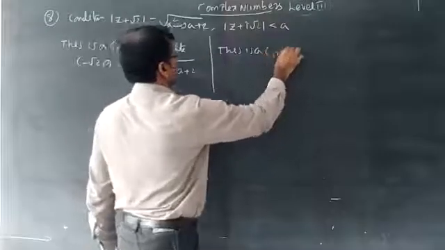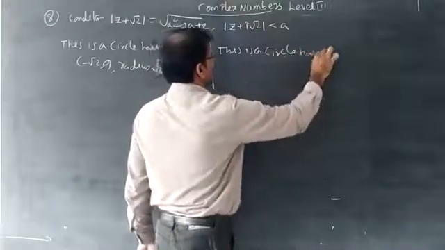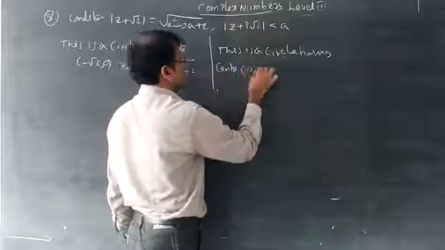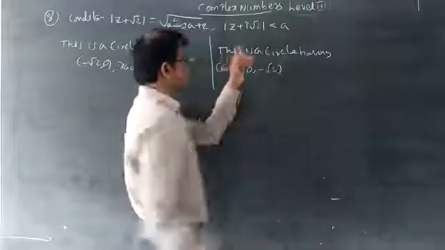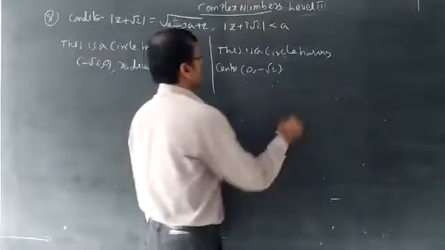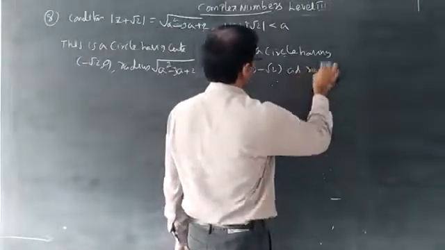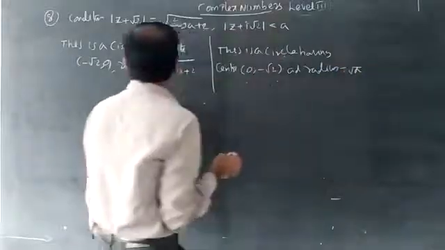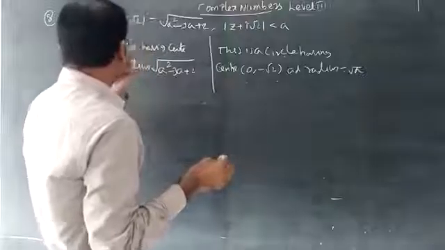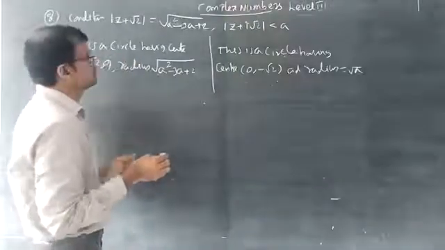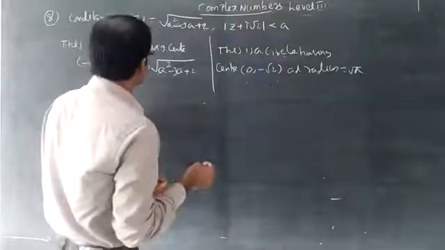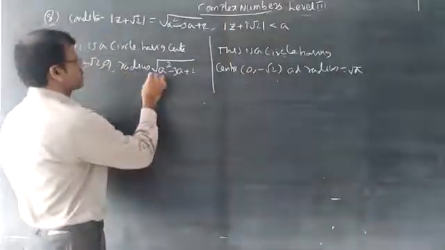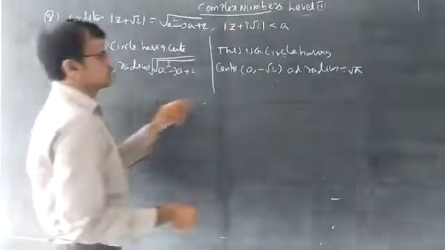This is a circle having a center 0 comma minus root 2, because here i is 0 comma minus root 2, and radius is equal to root a. Here root of a square minus 3a plus 2 is there, and here this is root a.